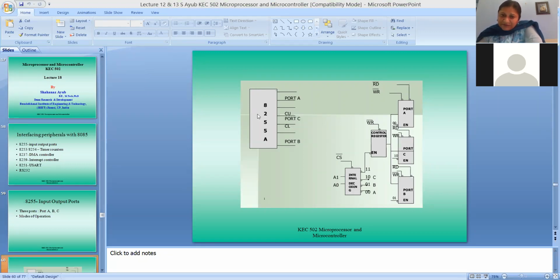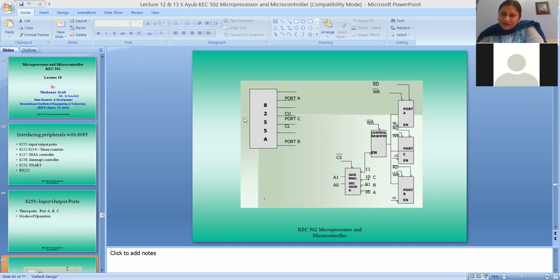Then how do we define the addresses? Let's say there are many ICs connected to the 8085. How will the 8085 know that it has to receive data from port A of this 8255, or send data to port B of this particular 8255?